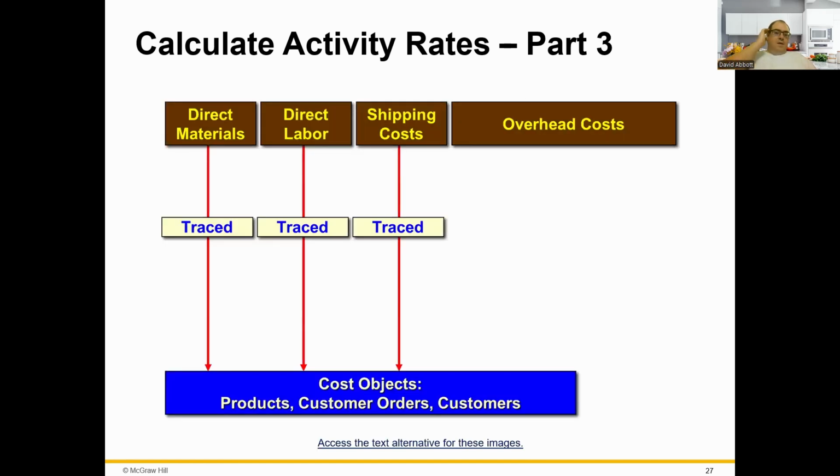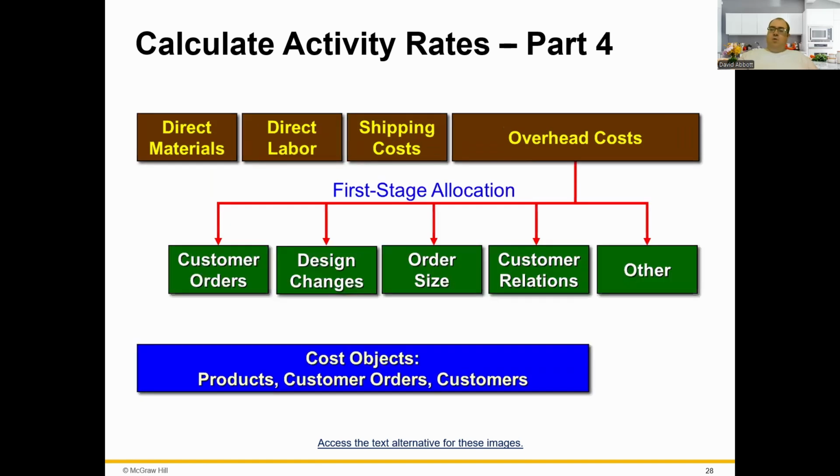Before proceeding, let us get a visual representation of Baxter's battery ABC system. The direct materials, direct labor, and shipping costs are directly traceable to products and customer orders.